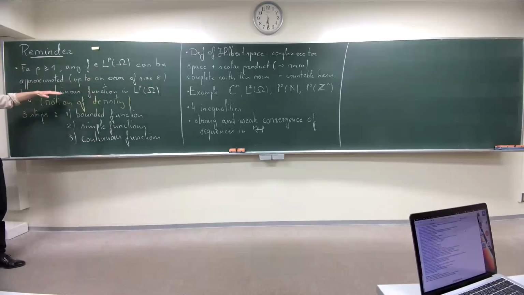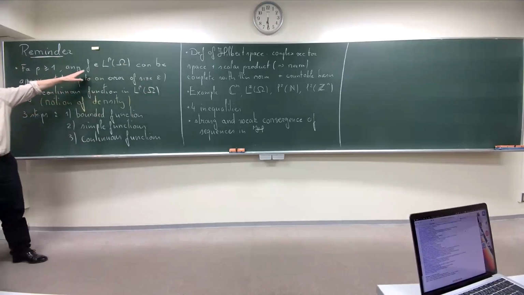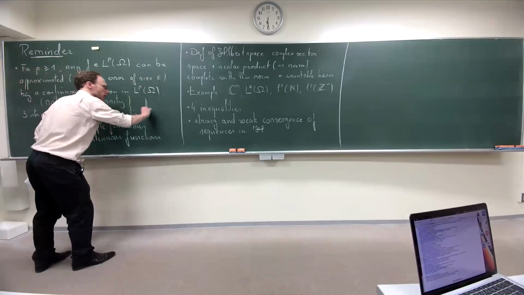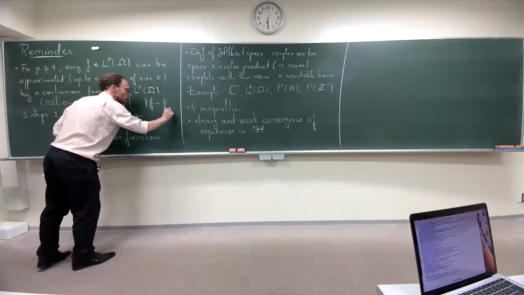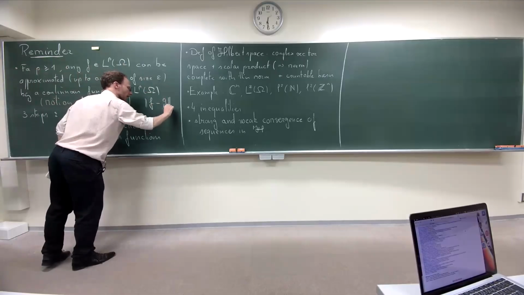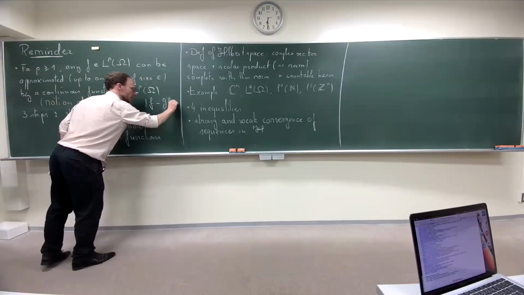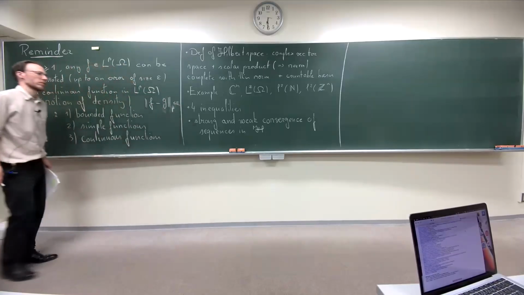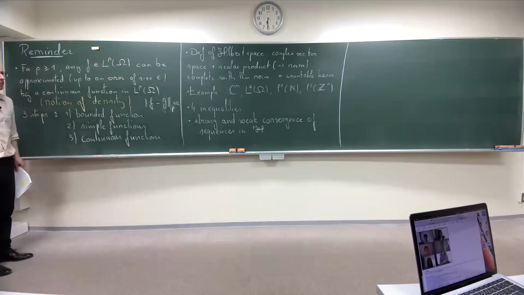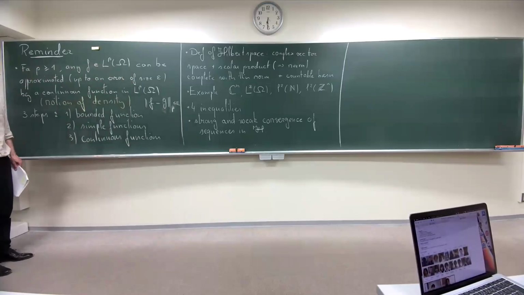The statement is for any epsilon, for any f in LP, you can find a continuous function g also in LP, such that the difference between f and g in LP norm is smaller or equal to epsilon. G is a continuous function in LP. So this is this notion of density: you can approximate as precisely as you want.